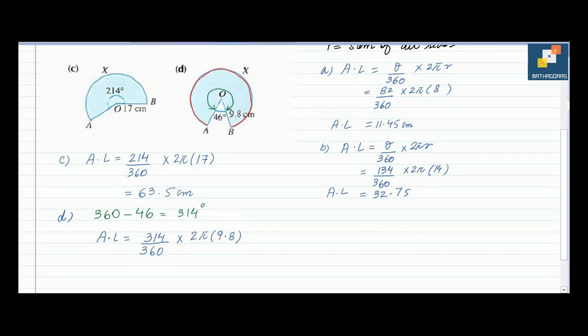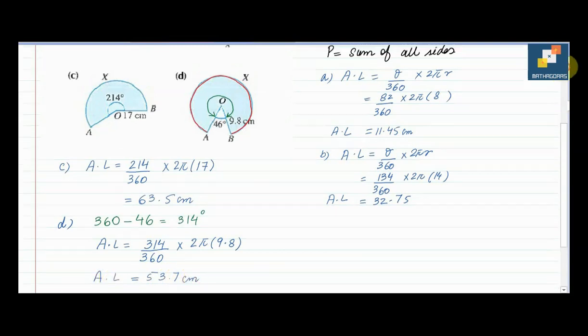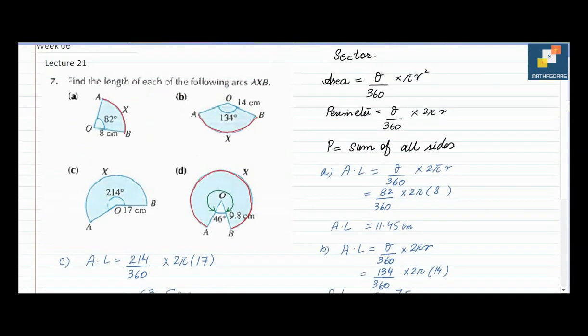So find it, 314 multiplied by 2 multiplied by 3.142 multiplied by 9.8 divided by 360, it's 53.7. So the arc length is 53.7 centimeter. So that was question number 7 with all the 4 parts, right?